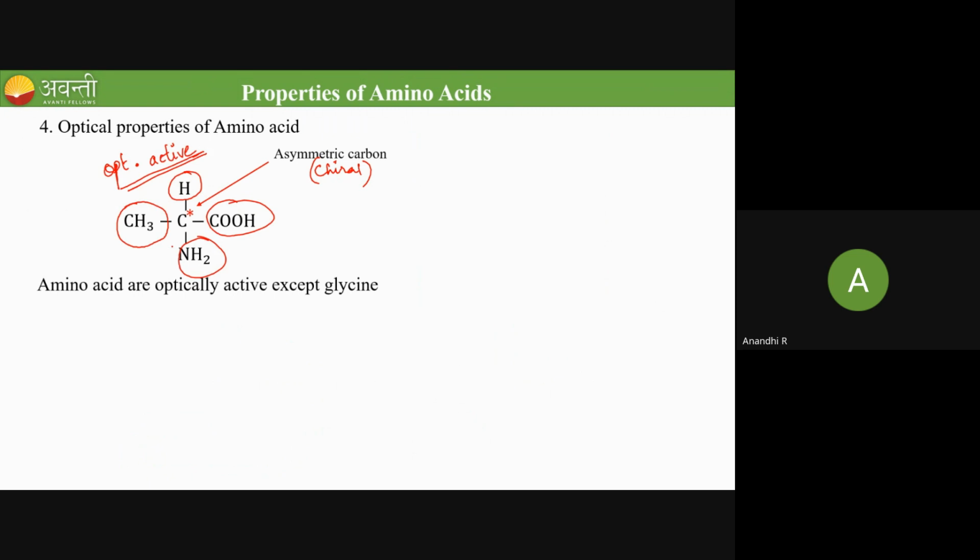So why except glycine? All other amino acids are optically active. You can see the structure of glycine here, in which the two groups which are attached to the carbon are the same. Both are hydrogen. So it is not chiral in nature, right? Since it is not chiral in nature, it is optically inactive.